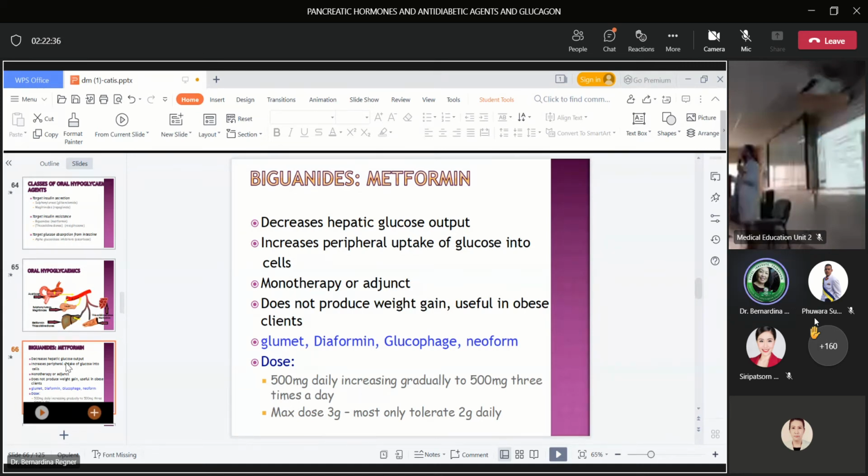So the dose of your metformin is 500 milligrams daily, increasing gradually to 500 milligrams 3 times a day. Maximum dose is 3 grams. Most can only tolerate 2 grams a day.